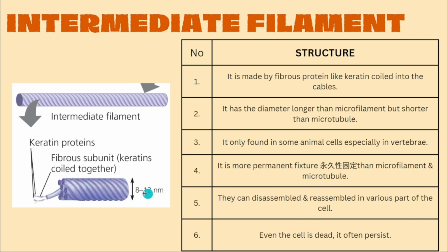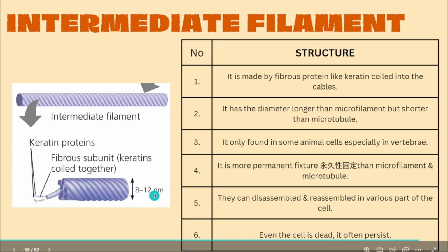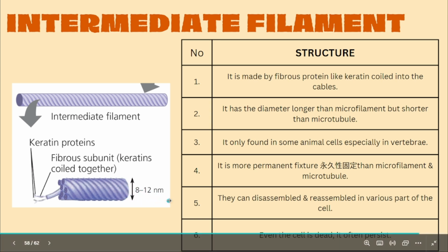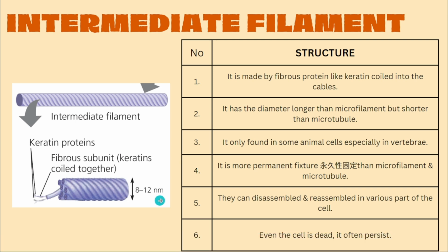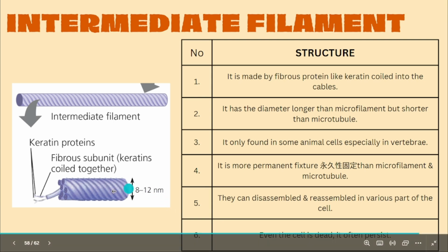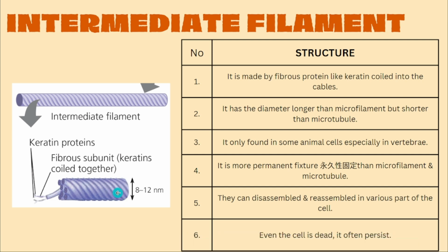You can see the diameter of the filament is only 8 to 12 nanometer. Compared to the microtubule and also the microfilament, they are micrometer. They are still micro, but this one is already smaller, down to nanometer. Even using the electron microscope, you can only see it very well when it is so thin. So this one is the intermediate filament.